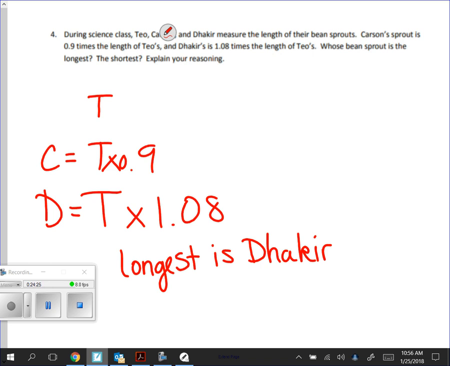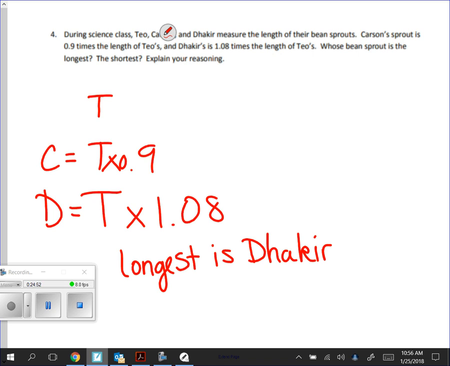Who's the shortest? Carson. Because it's less than 1. Is it a whole lot less than 1? No, it's just slightly shorter. They're all almost the same length. His is a little bit shorter, his is a little bit taller.